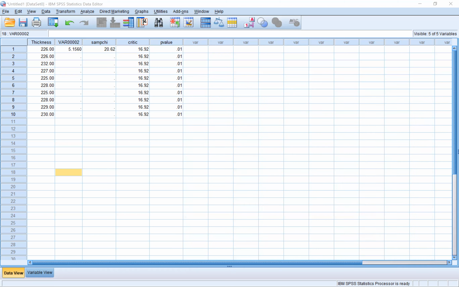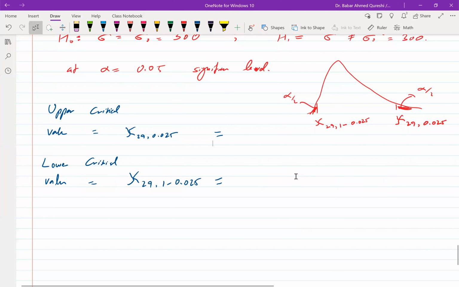So this gives me 46.4. So I barely exceeded the upper critical value. Let me first write the critical values here.